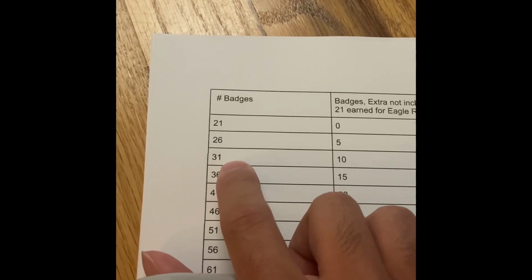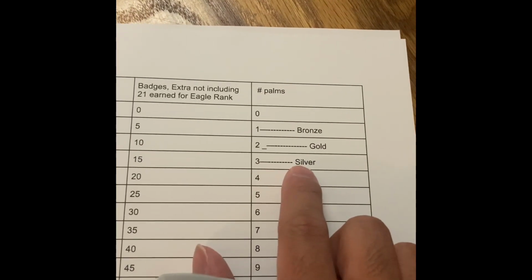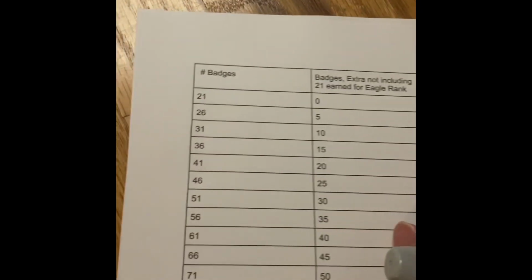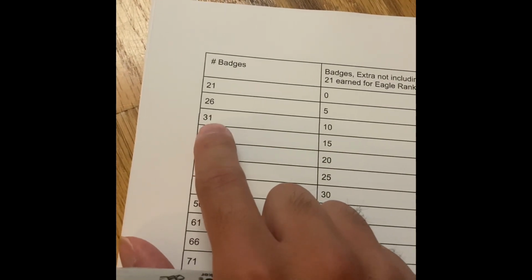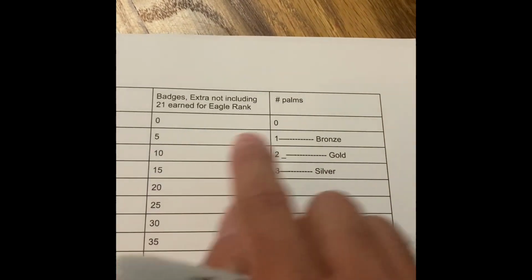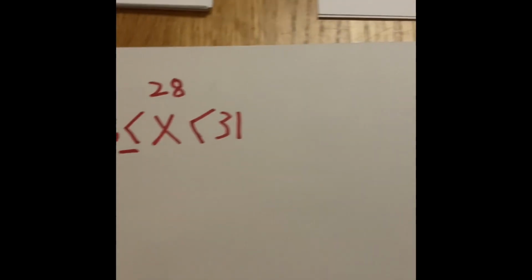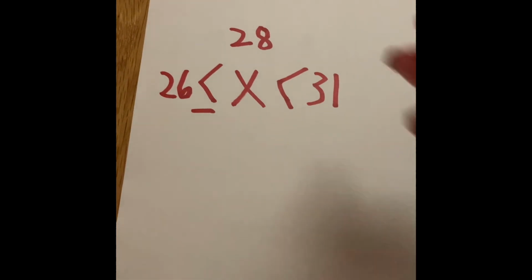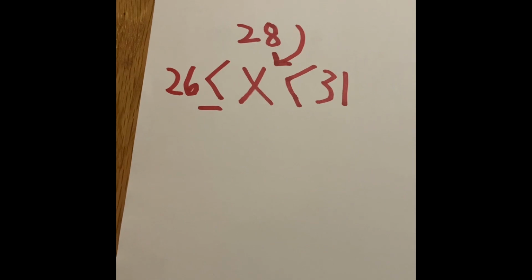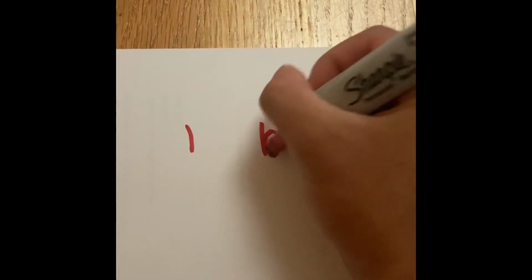If the Scout has earned exactly 31 badges, he qualifies to get a silver palm, including the palms below it. If he gets below 31, if he got like 30 or below, he doesn't qualify for a silver. He'll get a gold and a bronze. So what we're going to say is this makes the equation true. 28 is greater or equal to 26, but is also less than 31, meaning he will get 1 bronze palm.